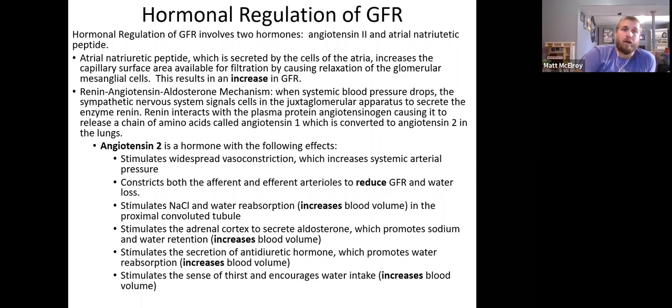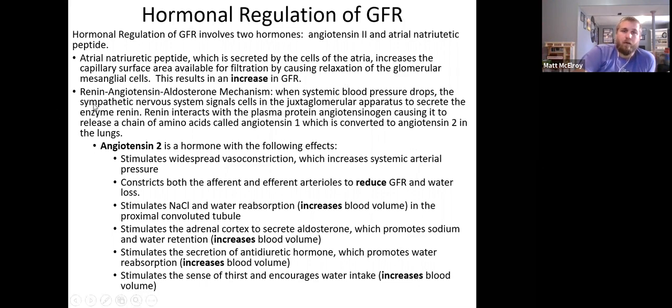The renin-angiotensin-aldosterone mechanism is what we release, and I shouldn't say release because it's a series of things. It involves an enzyme called renin from our kidneys. Angiotensin and aldosterone are also involved, obviously, hence the name. We learned that this whole mechanism is going to trigger increases in blood pressure, and these things are active when our blood pressure drops, as it states right there.